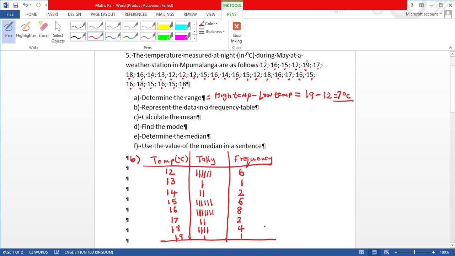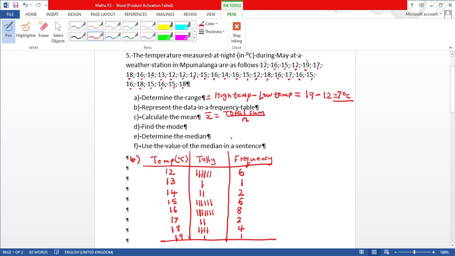And then let's move on to question C. Calculate the mean. So you remember that the mean is the total sum divided by n, where n is the sample size.